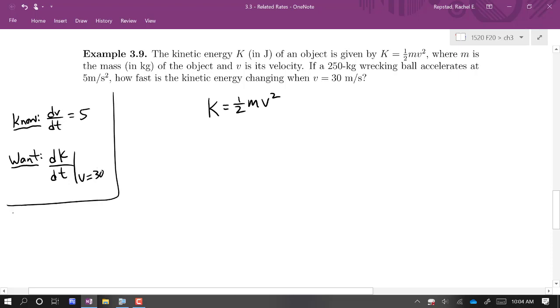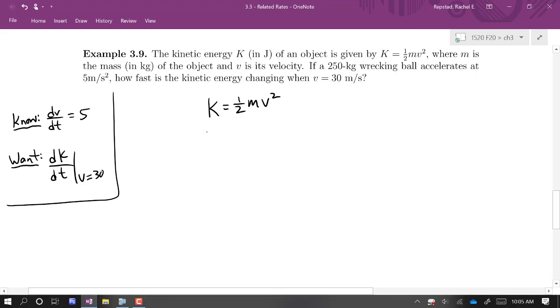Now, initially, when we look at this equation, it seems like we have 3 variables and not 2, but they tell us that the mass of the wrecking ball is 250 kilograms, and the mass isn't going to change as it's swinging, right? That's fixed. So we can plug that in first. This is a really important distinction. Quantities that are fixed and not changing, we can plug in those values if we know them right off. Any values that are changing over time, we can't plug in until after we take a derivative.